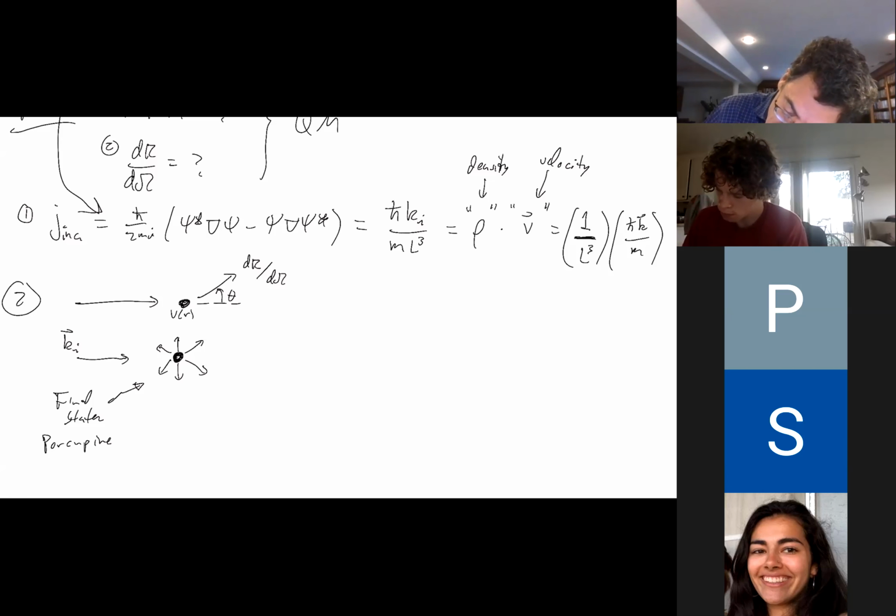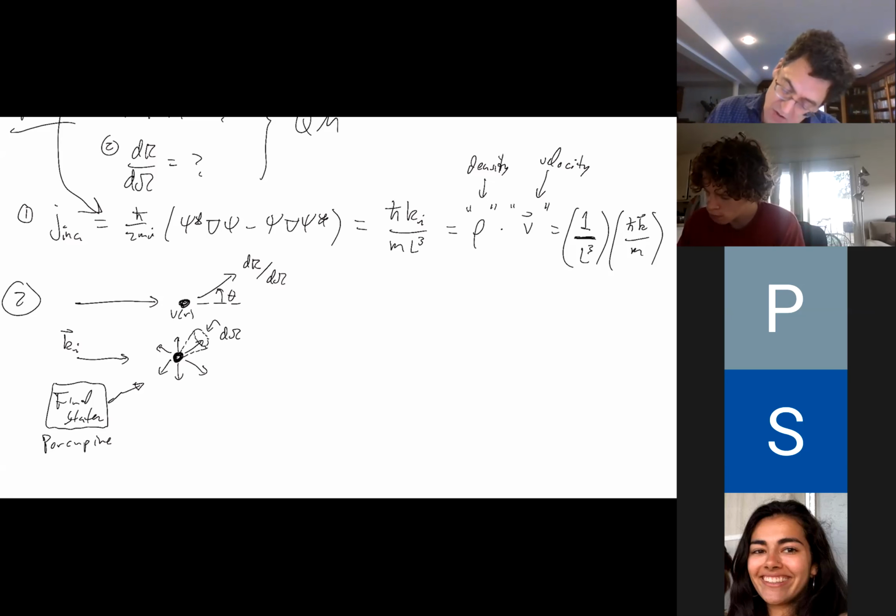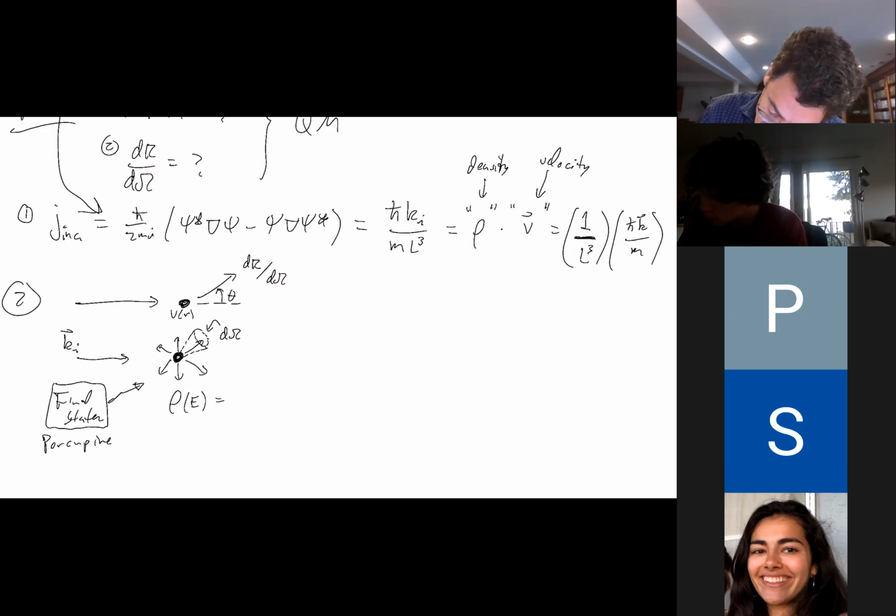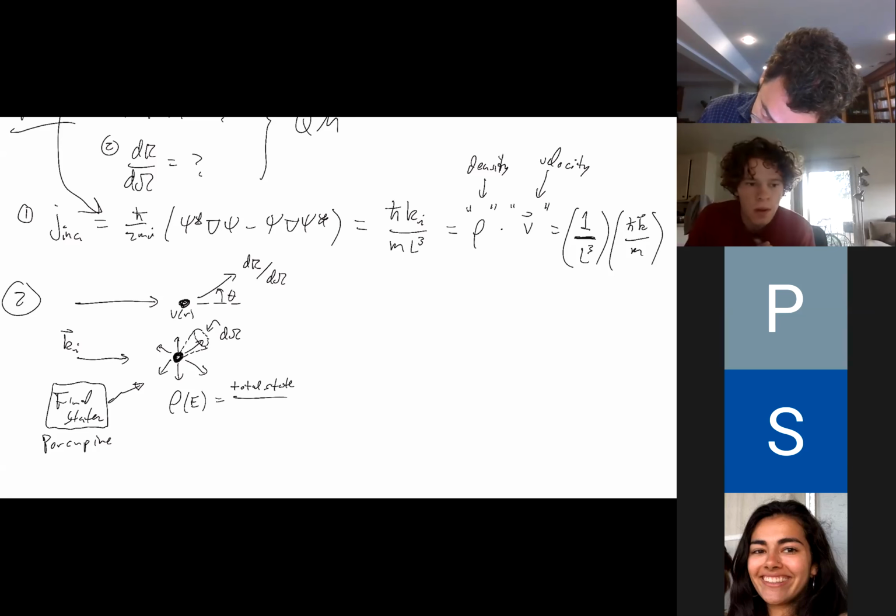But we're only concerned about one solid angle. Of all these millions of states, we just care about this cone of dΩ. These are all the possible final states. I'll call these final states rho at the energy E, which is equal to the total number of final states per energy.